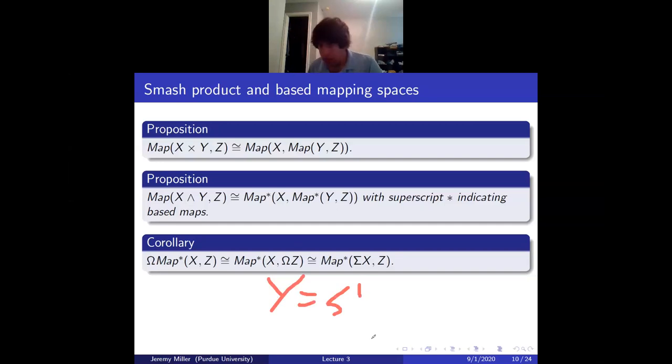You get that loops on the space of maps from X to Z is the same thing as base maps from X into loops Z, and is also the same thing as maps from the suspension of X into Z.